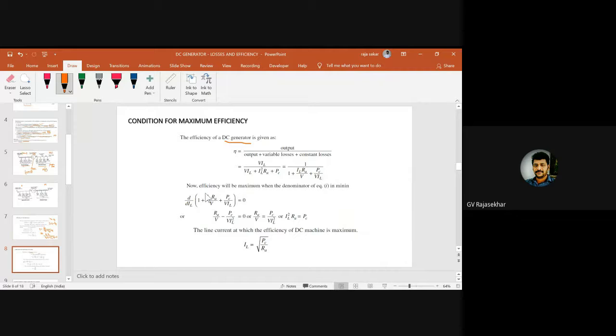Now the efficiency will be maximum when the denominator is minimum.